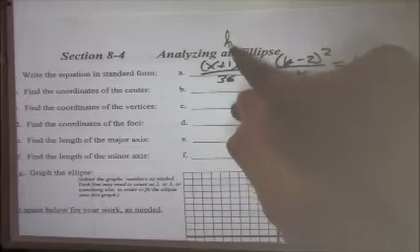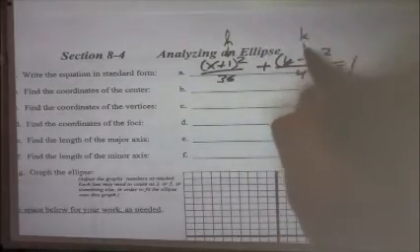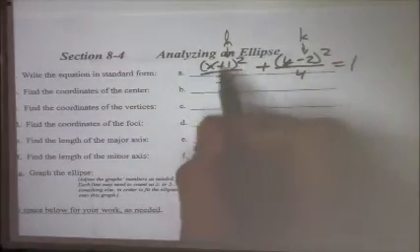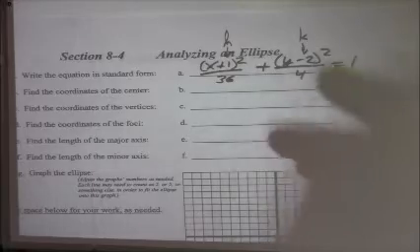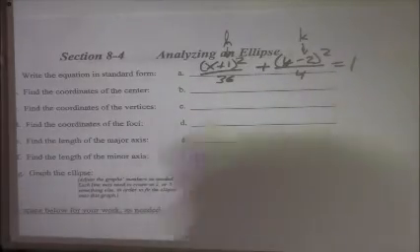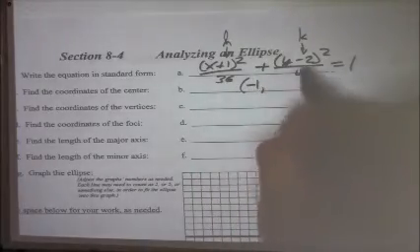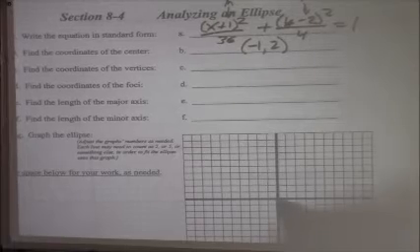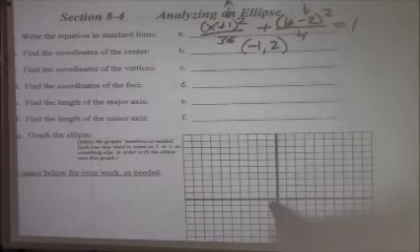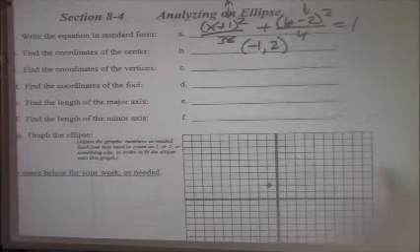There's our h, and here's our k. But because they're inside the parentheses and squared, we have to use the opposite signs for both of them. So the center is going to be -1 and +2. I'm going to put it down here. Okay, -1, +2, there is the center.